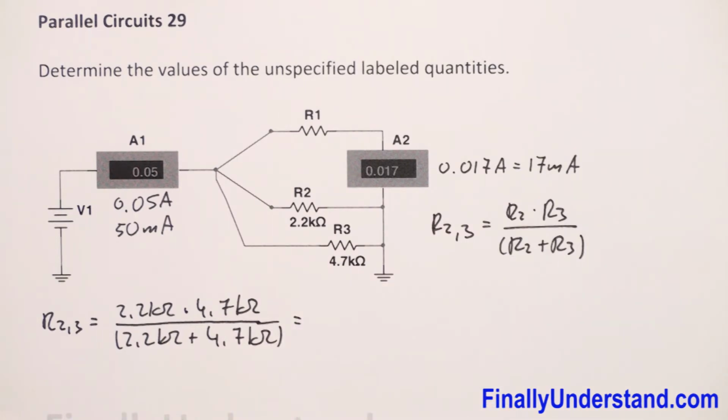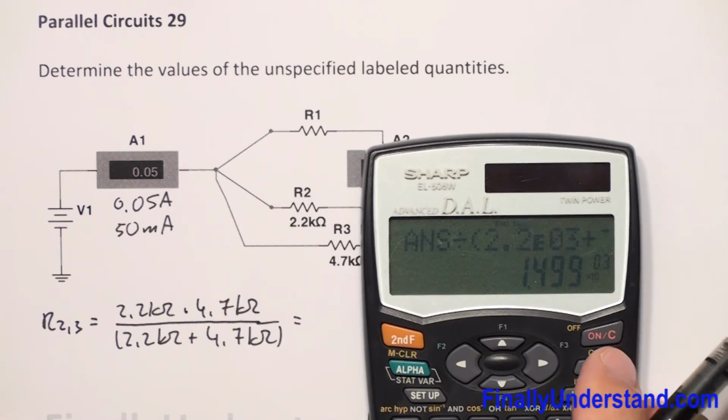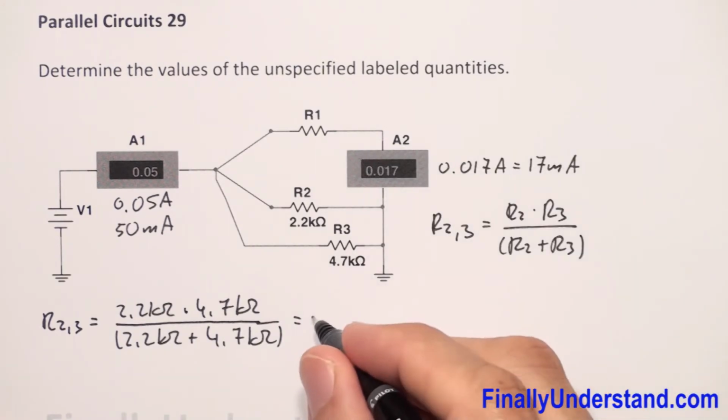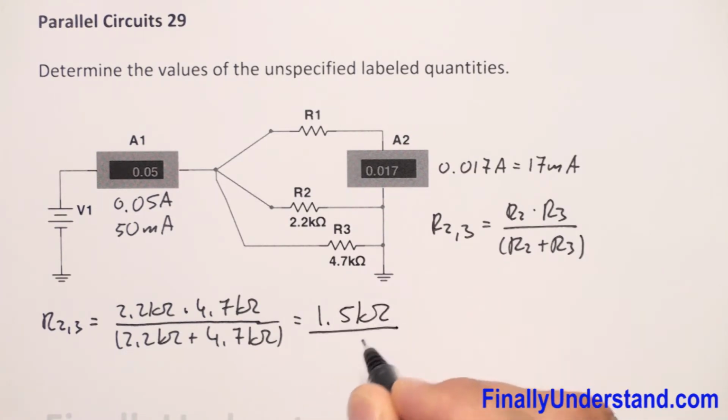This is equal to 2.2 exponent 3 times 4.7 exponent 3, divided by open parenthesis 2.2 exponent 3 plus 4.7 exponent 3 close parenthesis. This is equal to 1.49. I can say 1.5 kilo ohms. Okay, so let's take a look at what we did over here.